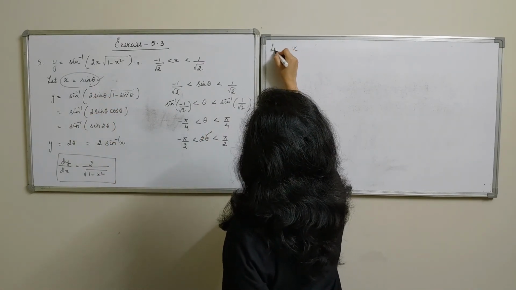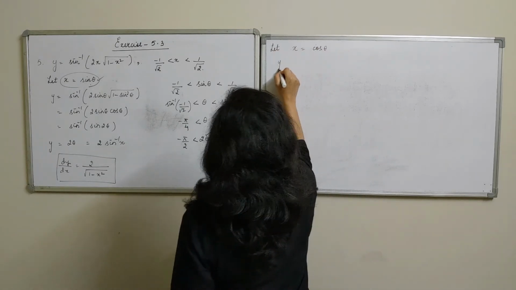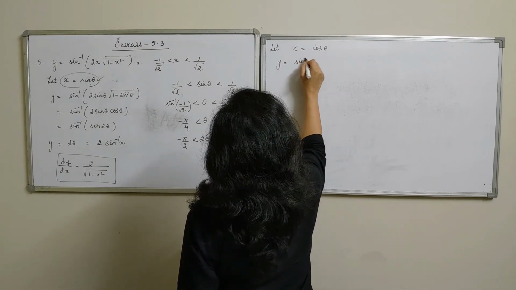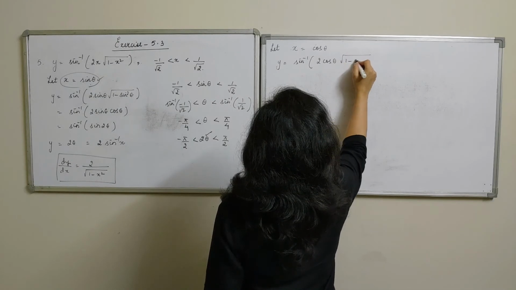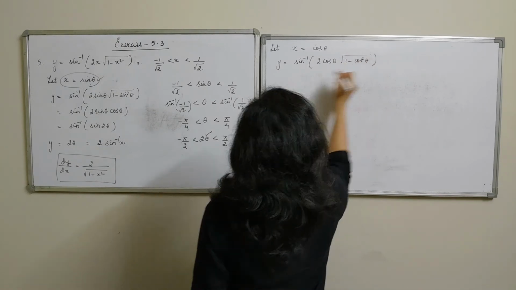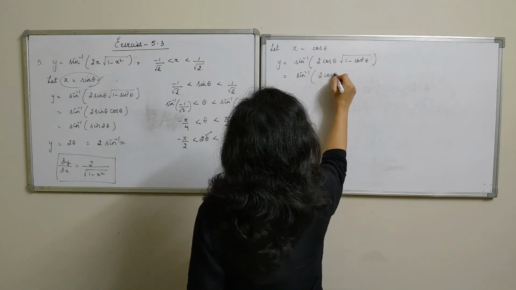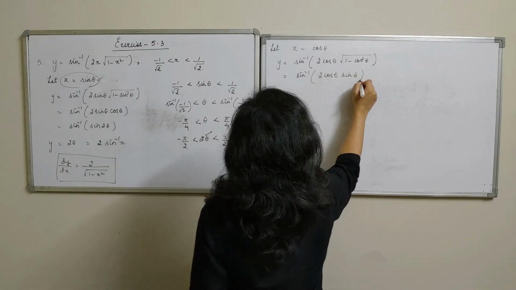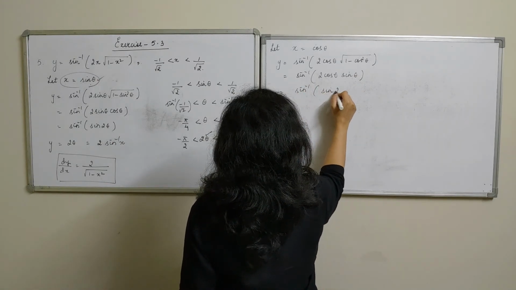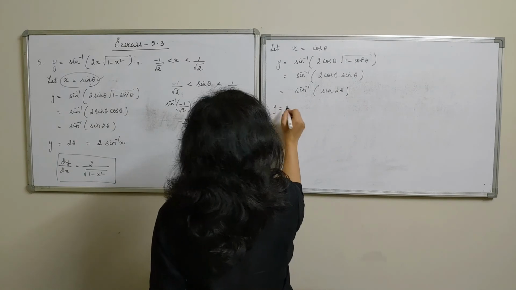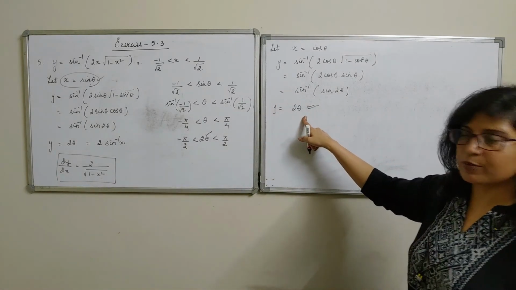If we substitute x as cos theta, then y is equal to sine inverse 2 cos theta under root 1 minus cos square theta, which is 2 cos theta sine theta. Using standard results, this is sine 2 theta, and hence y should be equal to 2 theta once again if this angle belongs to the principal branch.